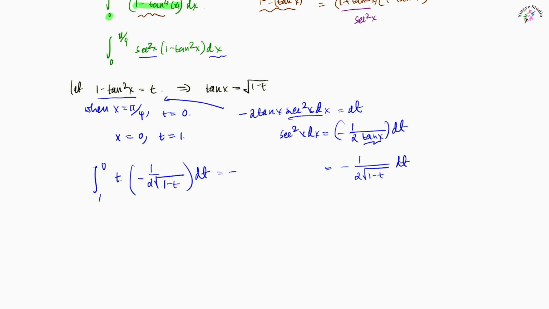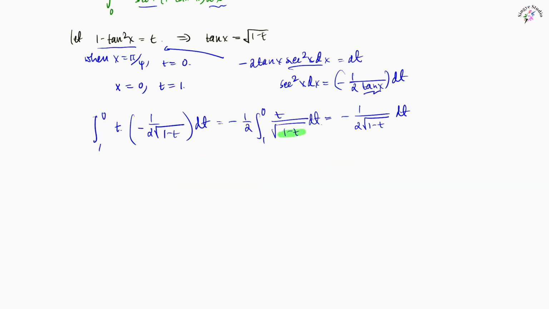So it will be half, from 1 to 0, of t divided by root of 1 minus t dt. If you get it in this form, then the best way is to remove this radical in the denominator. So to remove this, I have to do another substitution. This time I will let s equal root of 1 minus t.